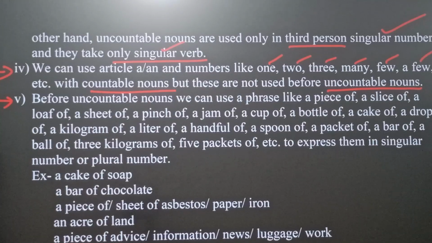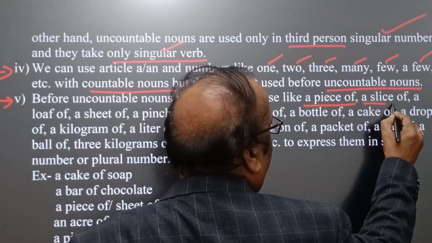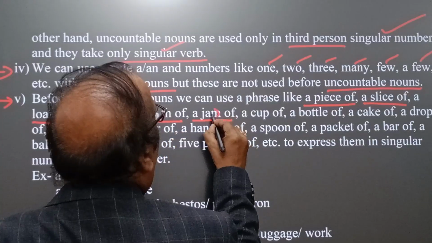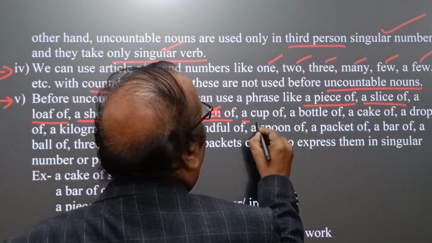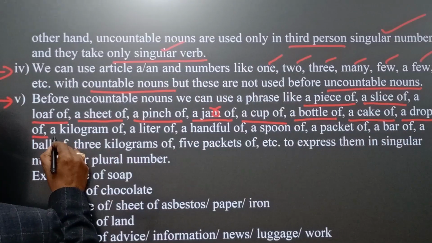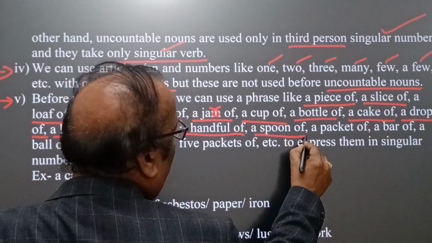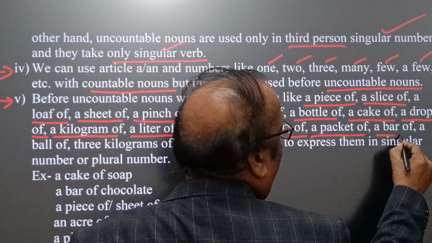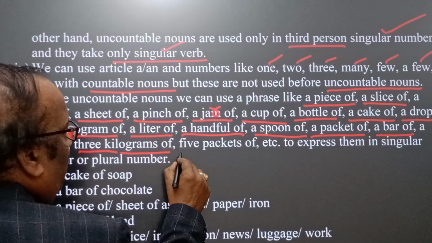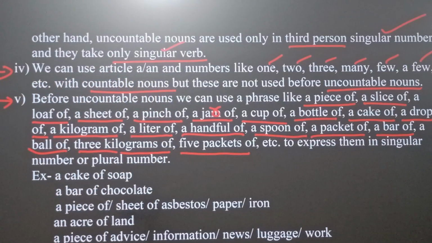Before uncountable nouns, we can use phrases like a piece of, a slice of, a loaf of, a seat of, a pinch of, a jar of, a cup of, a bottle of, a cake of, a drop of, a kilogram of, a liter of, a handful of, a spoon of, a packet of, a bar of, a ball of, 3 kilograms of, 5 packets of, etc. to express them in singular or plural number.